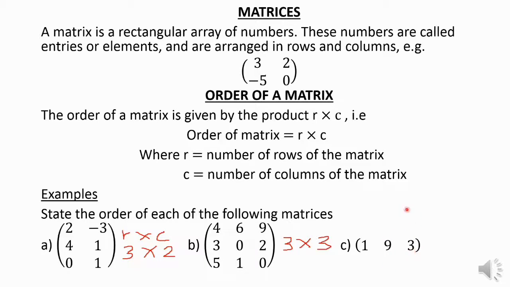To write down the order, we said the order is given by the number of rows by the number of columns. So we start with the number of rows, which is 1, by the number of columns, which is 3. So 1 by 3. This is how we write down the order of the third matrix.